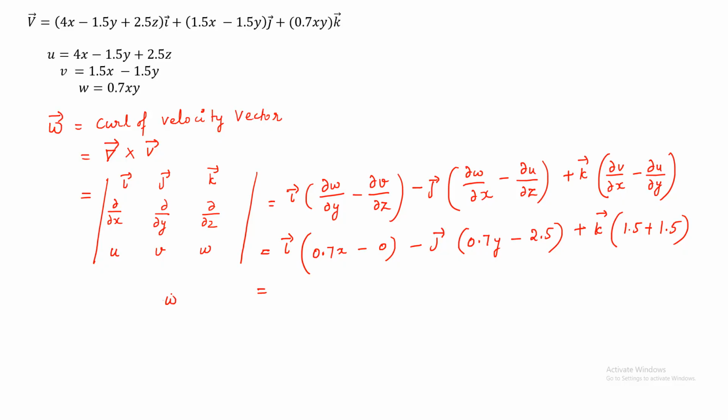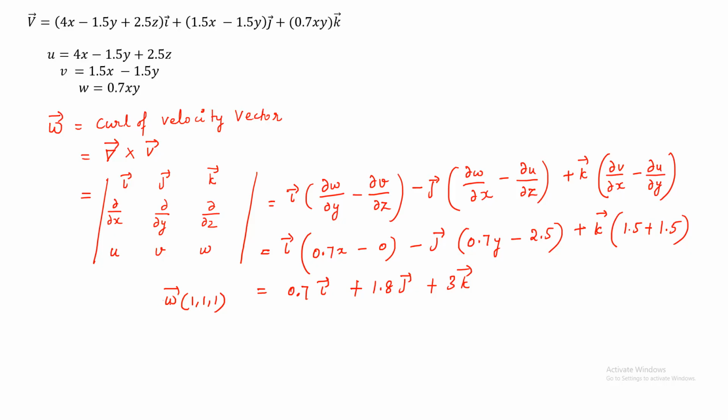Now if you substitute (1, 1, 1), we will get 0.7 i vector, minus 1.8, so that will become plus 1.8 j vector, plus 3 k vector.